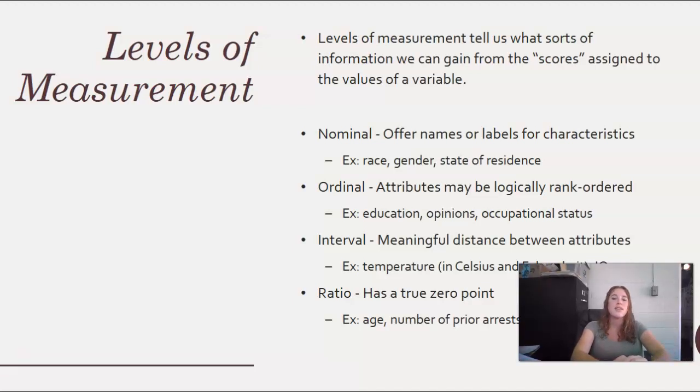On this scale, we can say that if you are 10 years old, you've been alive for 10 whole years. And you can say that 20 is double the age of 10, because you've been alive for 10 whole years, then you've been alive for another 10 whole years to get to 20. So you can say that 20 is double the age of 10, and that's a ratio, and it's because it has a true 0 point.